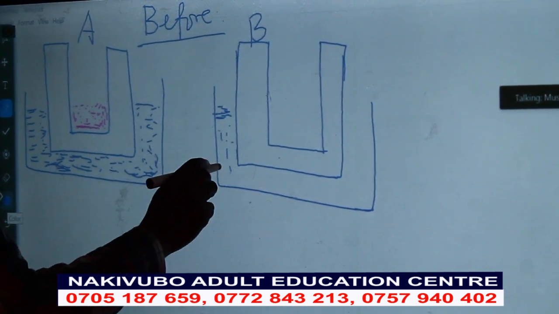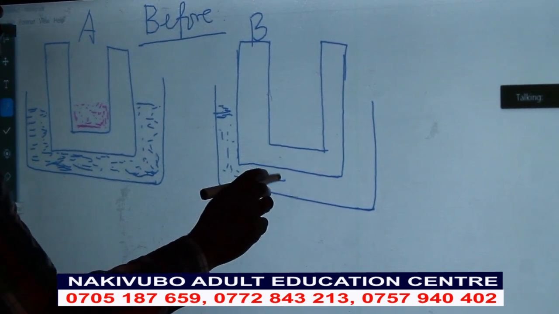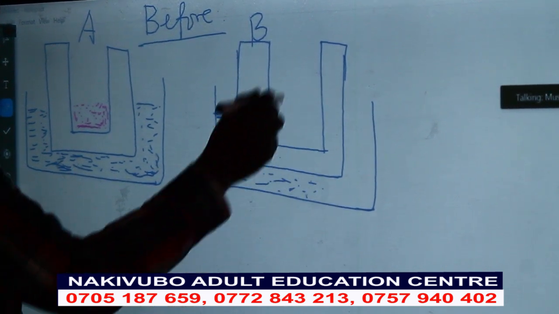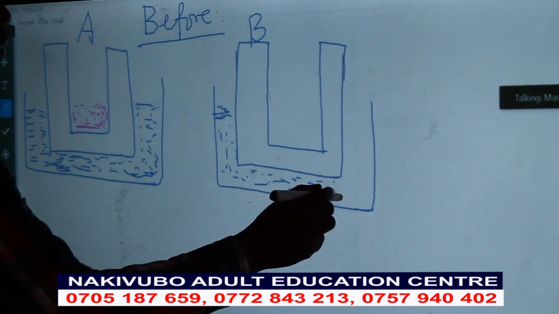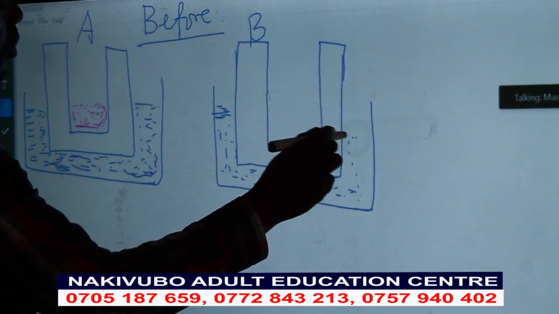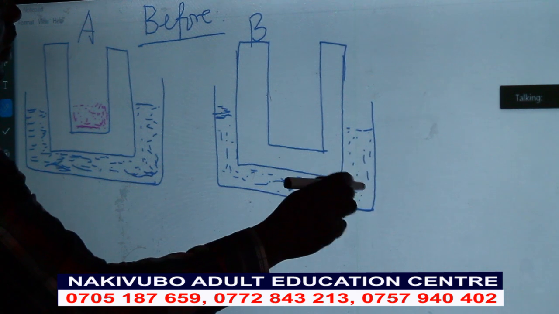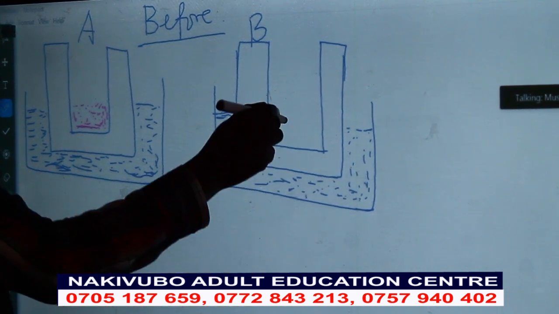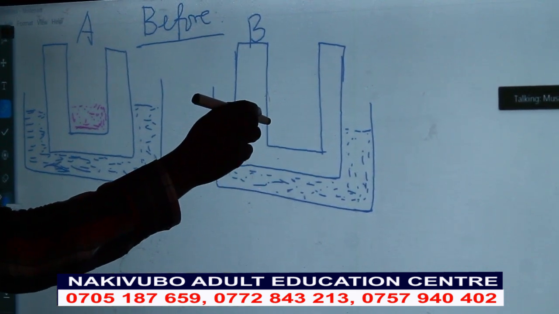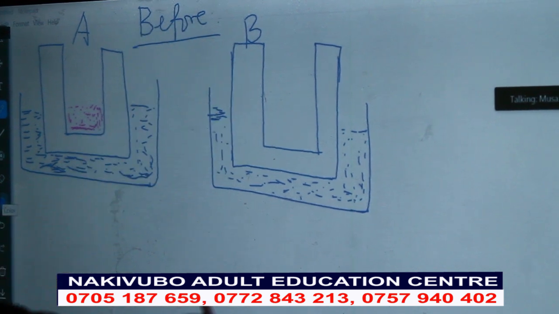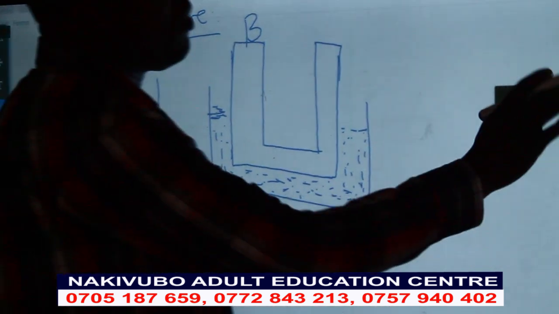Water. What happened? What did we do on this potato? You leave it here. Don't put anything here. Is it clear? Leave it to stand. We go to another one.